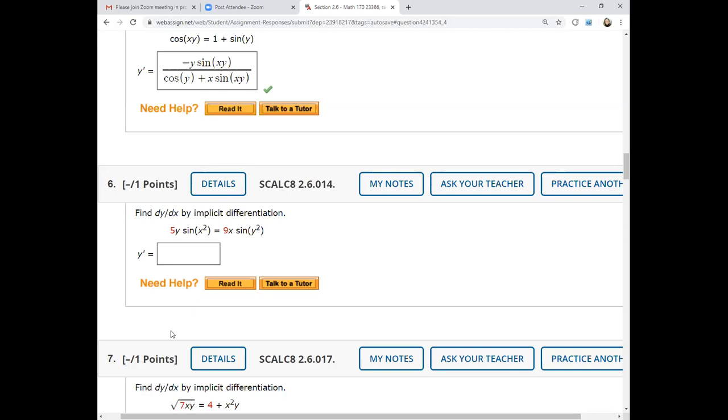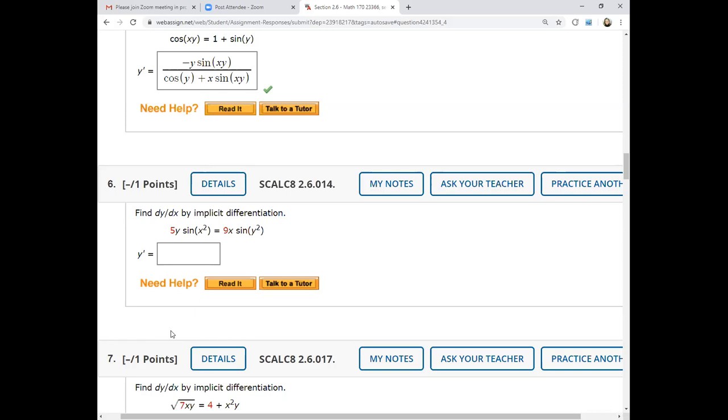I wrote x squared by mistake. That should be y squared. I changed it, because the argument of sine is y squared, right? Oh wait, but that's the second part. Never mind. That's on the left side.